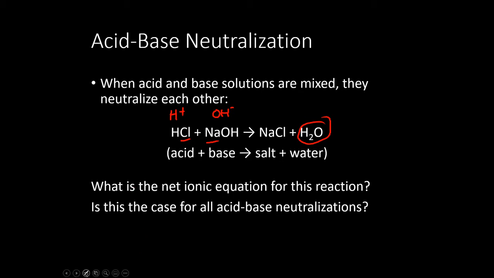The net ionic equation is the way of writing the chemical reaction that only shows the stuff that is changing. So for example, let me erase this stuff. The complete ionic equation for this reaction that's shown here, because the phases here are left out. This is aqueous, this is aqueous, this is aqueous, and that is a liquid.